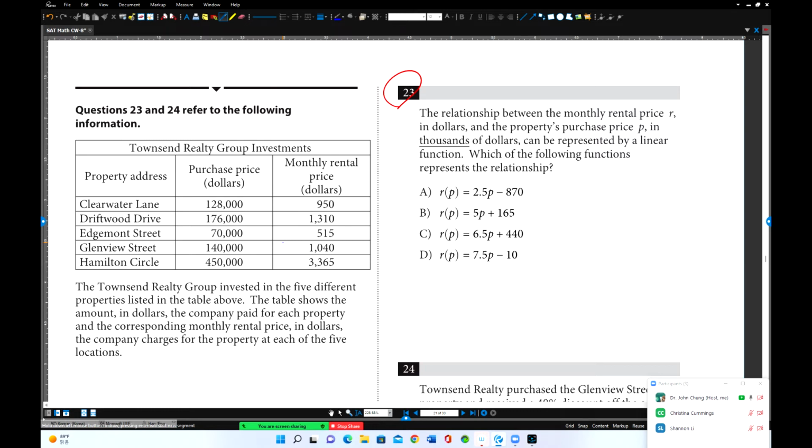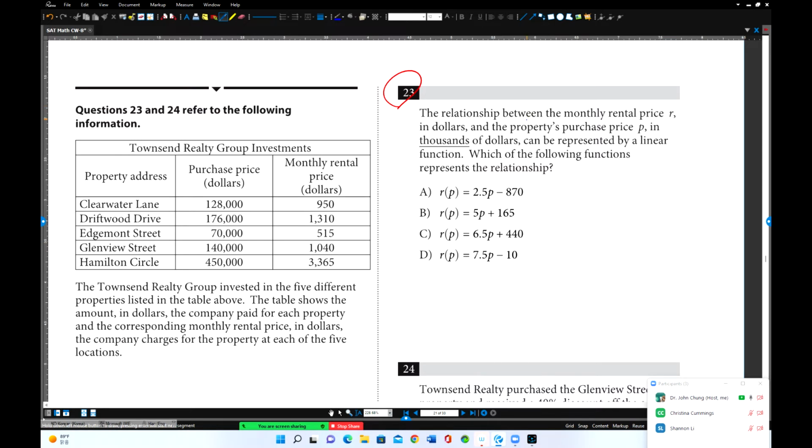That's the monthly rental price. Just give me a minute, we need to understand the table. They invest in the 5 different properties listed in the table below. The table shows the amount in dollars, company, property, and corresponding monthly rental. Now, that's the question over here.